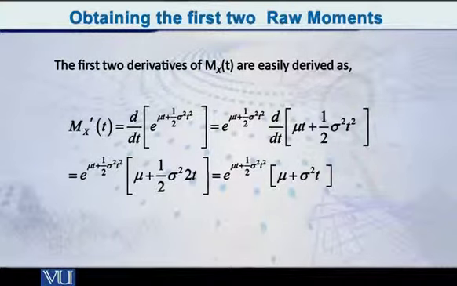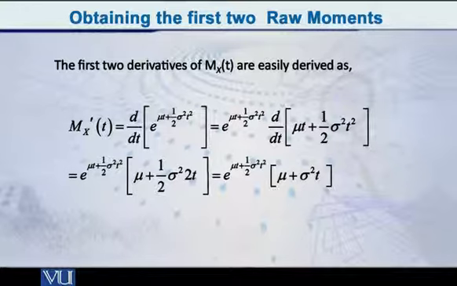Now how do we get the derivative? What is the derivative of e raised to anything? That same expression multiplied by the derivative of that expression which we have in the power or in the exponent. So, as you can see on the screen, we get e raised to mu t plus half sigma square t square into d by dt of mu t plus half sigma square t square.